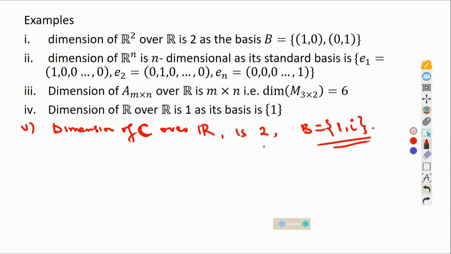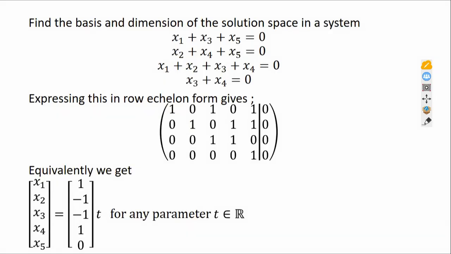F over F, it will be 1. We know complex numbers can be represented by the real part and the imaginary part. So 1 and i will always satisfy the conditions for a basis. So these are the elements of the standard basis for C over R.